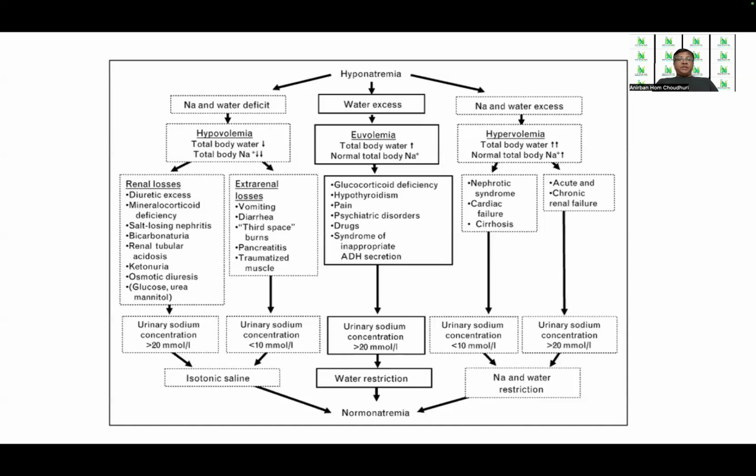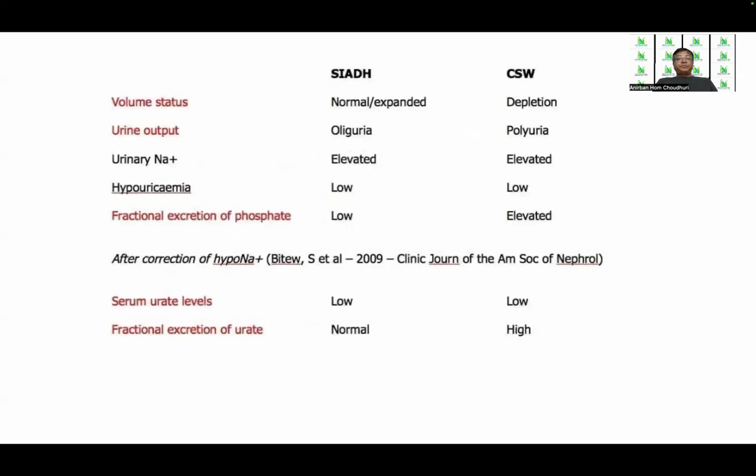And in those patients, and in some other cases of hypervolemia, it is important to measure the urine sodium. So once the urine sodium is measured and the concentration is found to be more, that means the urinary excretion of sodium has increased, then we can selectively find out the causes which are responsible for hyponatremia.